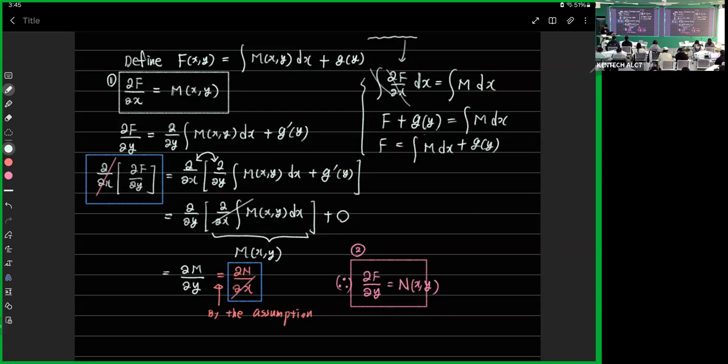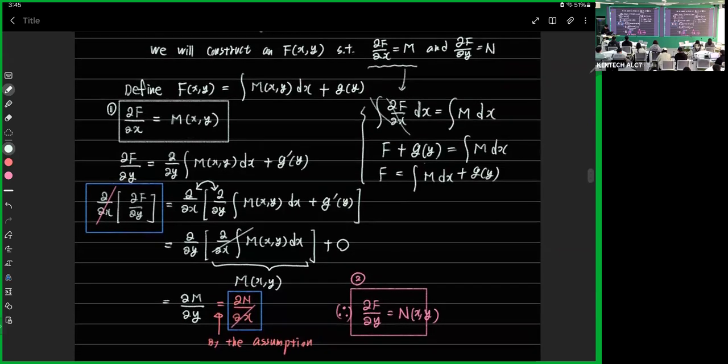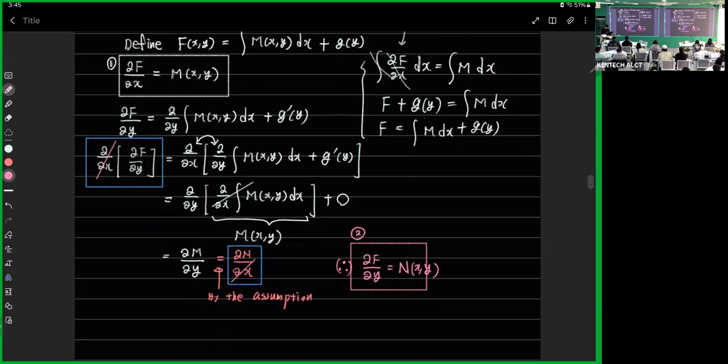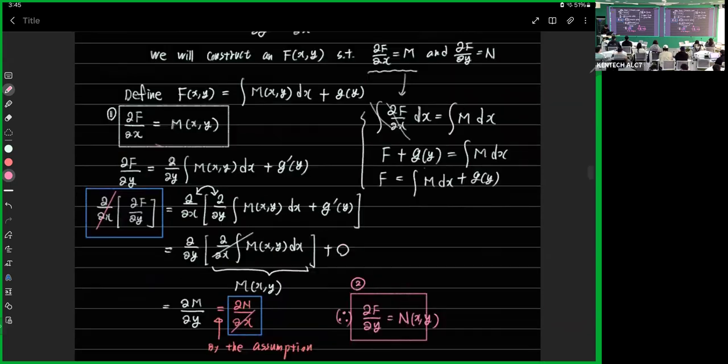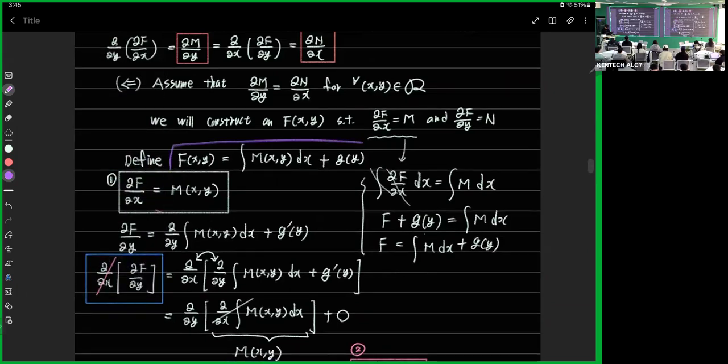Actually, we can find out the method for solving exact equations. Okay, where? This one. We got it. How did we get the second one and the first one? You know, these are the conditions for the differential equation to be exact. Because the very first step was to define f like this.